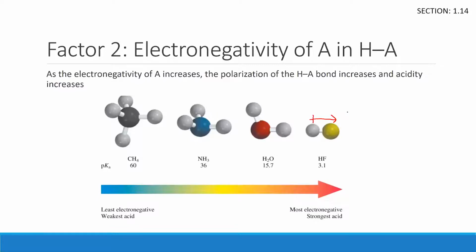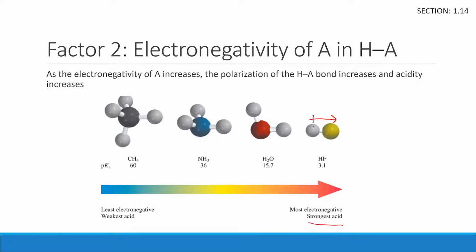Now, again, we're just talking about the bond between the hydrogen and the rest of the acid. So just that bond. The electronegativity here, as it increases, as electrons are moved more and more onto the atom connected to the hydrogen, we will also increase the strength of the acid.